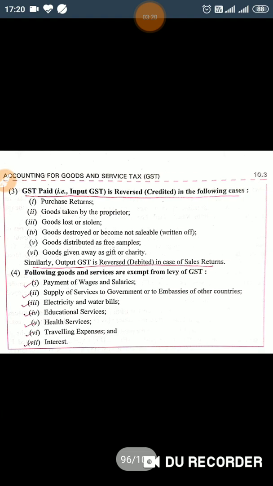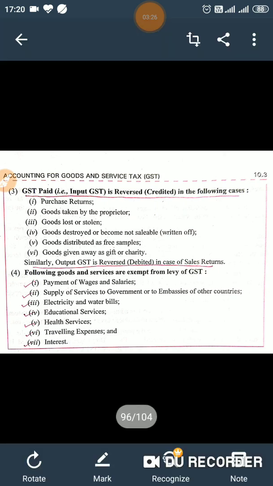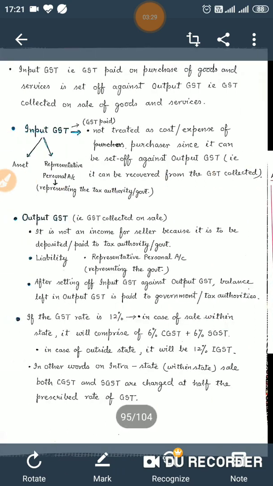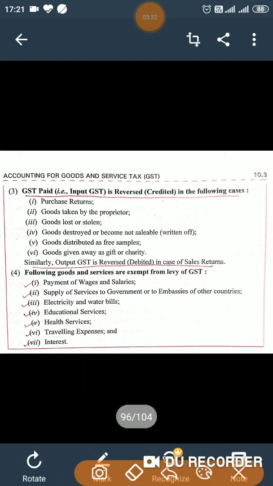So there is some important information. GST paid, that is input GST, is reversed or credited in the following cases. It is very clear when the GST you have paid will be reversed, meaning credited. Simple: you paid GST at the time of purchase of goods, and when you return those goods, that is purchase return, the input GST related to the purchase return will be credited.